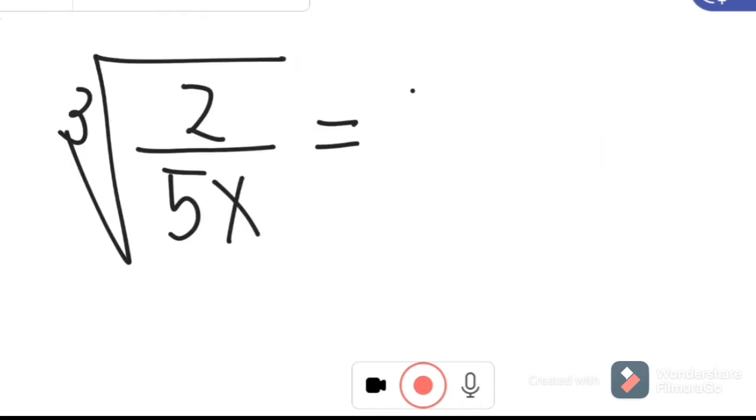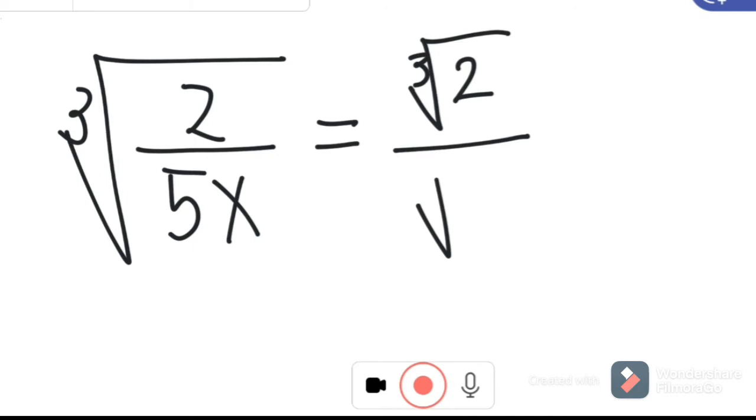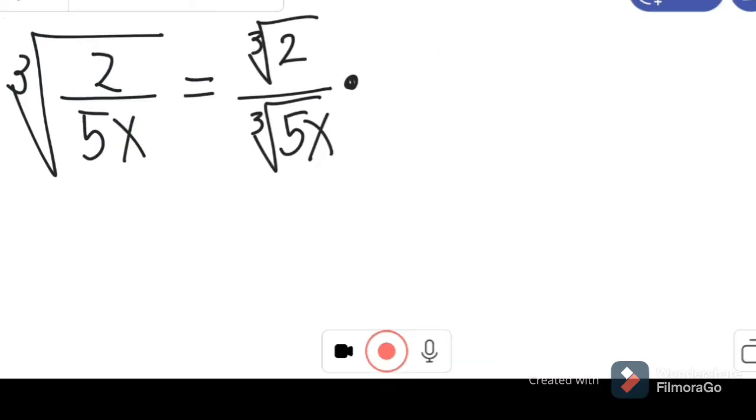Again, we have cube root of 2 and the cube root of 5x. To multiply this, 2 that will make the denominator a perfect cube. So, how many 5x do we need to have 5x cubed? Of course, 2.